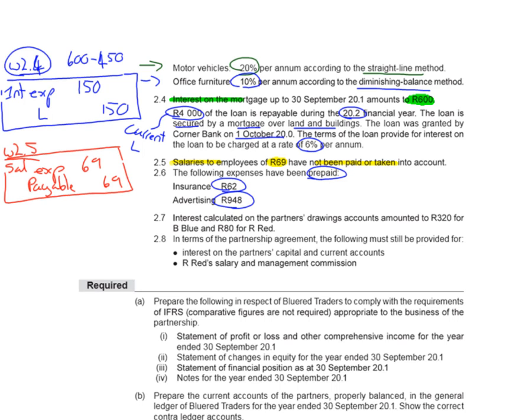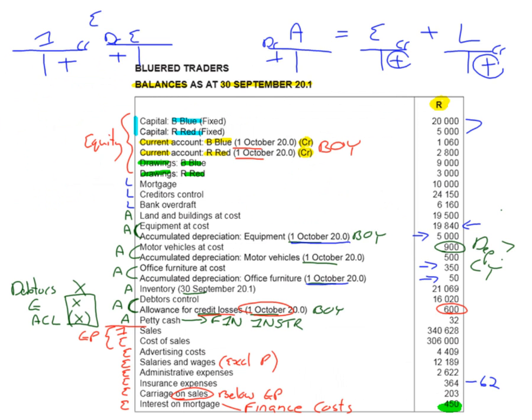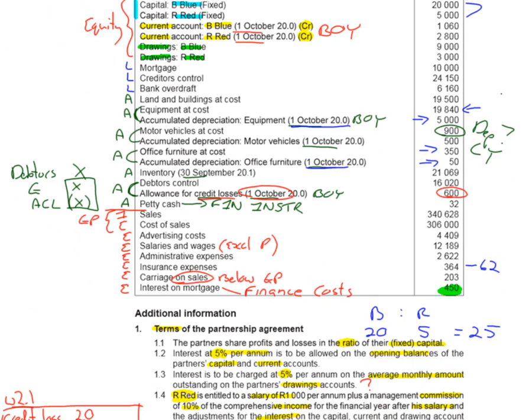So insurance, I'm going to debit prepaid expense. Excuse my shorthand, my space is a little tight here. And I'm going to credit insurance expense 62 Rand.